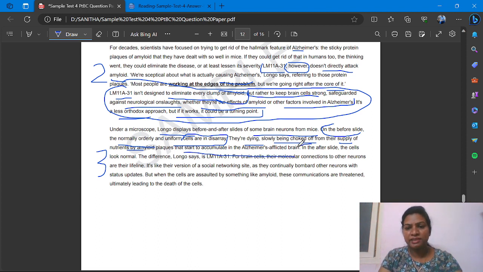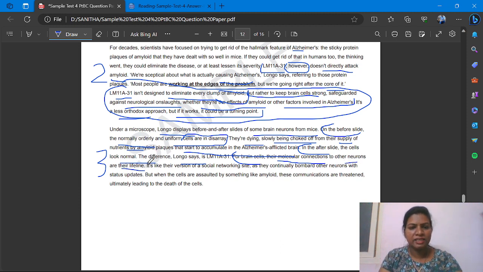In the after slide, the cells look normal. The difference, Longo says, is LM21. For brain cells, their molecular connections to other neurons are their lifeline.